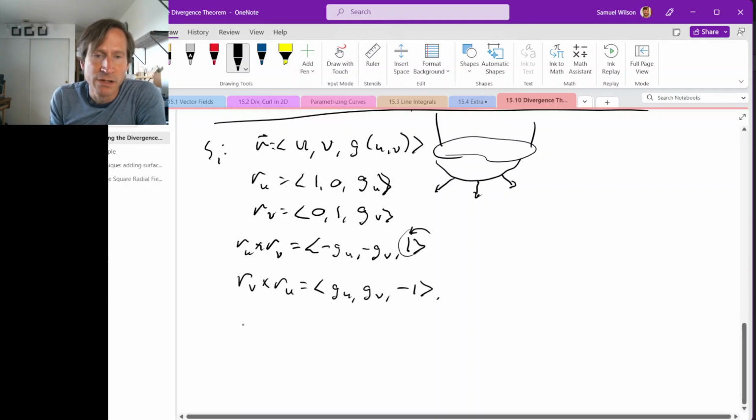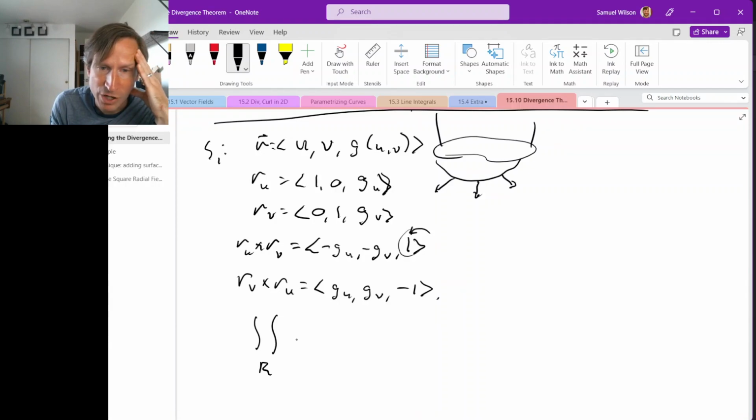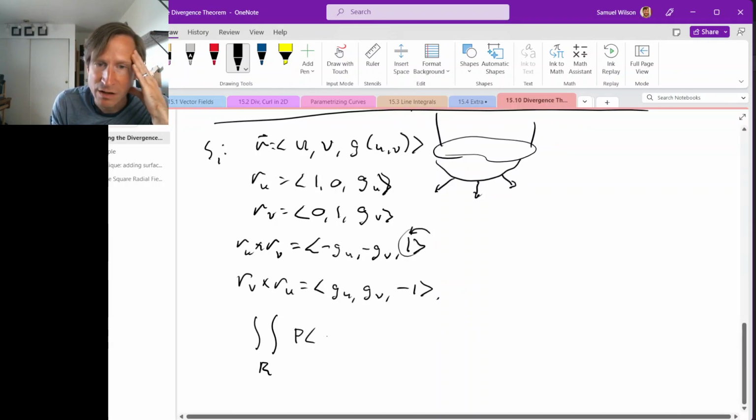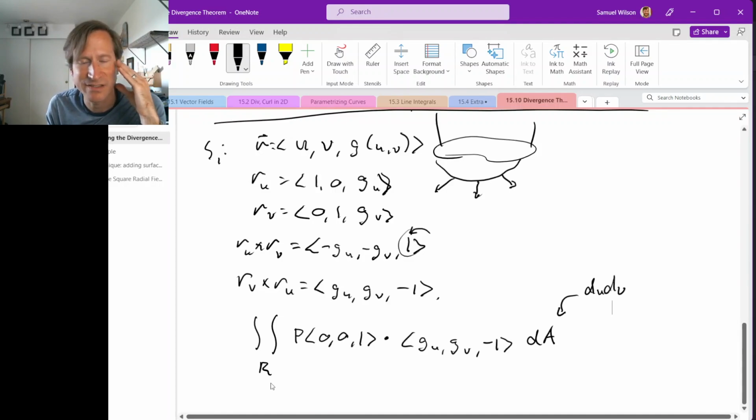Okay, so now we can parameterize our integral. Remember, this whole surface is sitting over the region R in the uv plane, which is the xy plane. And we're integrating p times (0, 0, 1), dotted with this cross product (g sub u, g sub v, minus 1), dA, and again, this dA is the area element in the uv plane, so that's du dv.